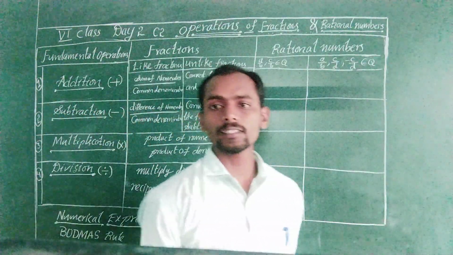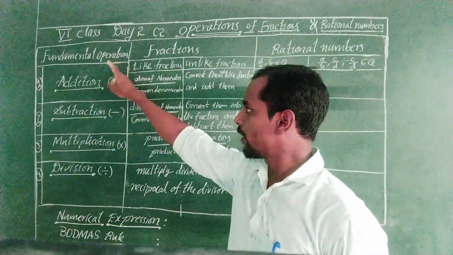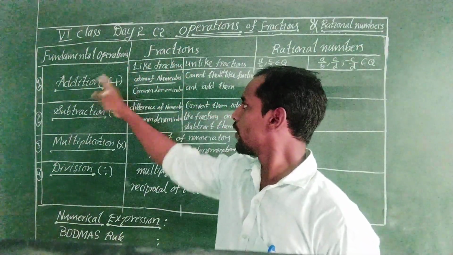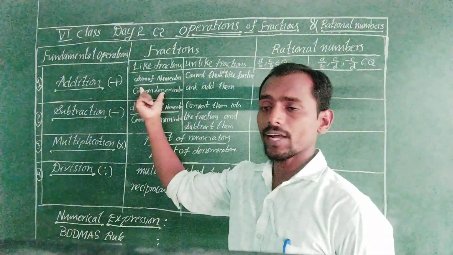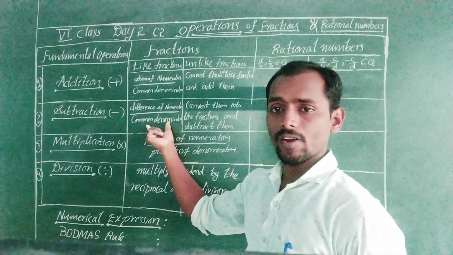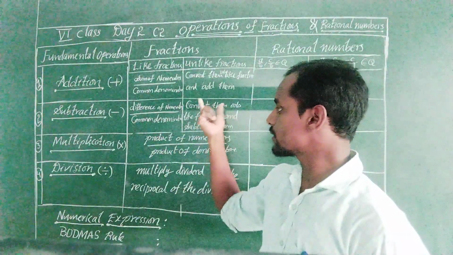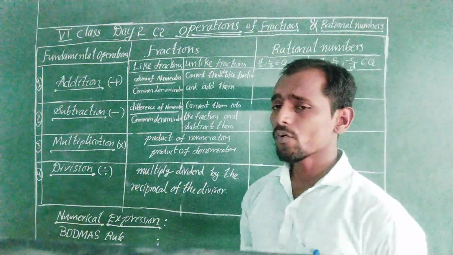So this is the concept you must learn. Fractions: the operations here on like fractions and unlike fractions, how to add like fractions and unlike fractions, how to find out the difference between like fractions and unlike fractions, and how to multiply two fractions, how to divide two fractions.